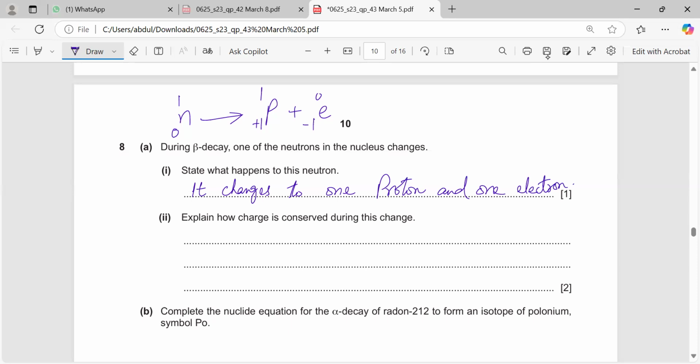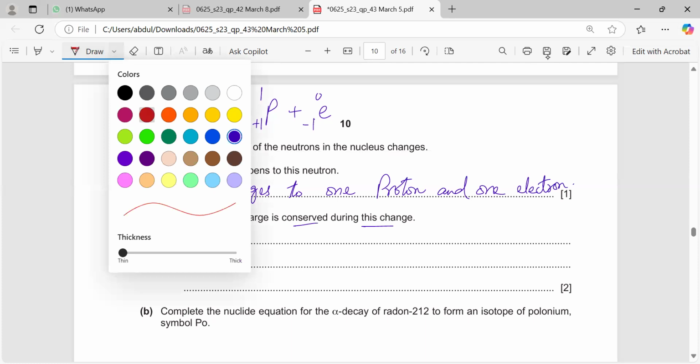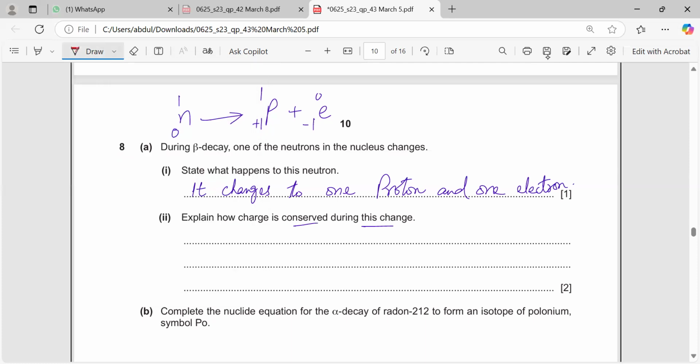Now explain how charge is conserved during this change. So better you write this equation here as I have written above. 0 and 1, it changes to one proton and one electron.